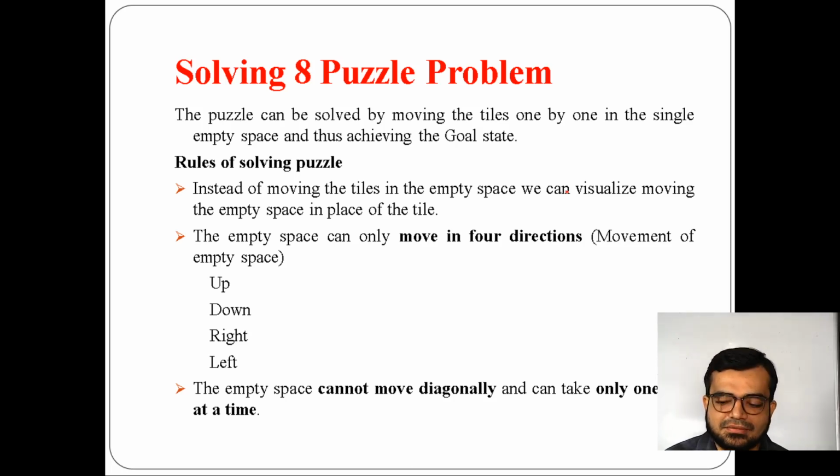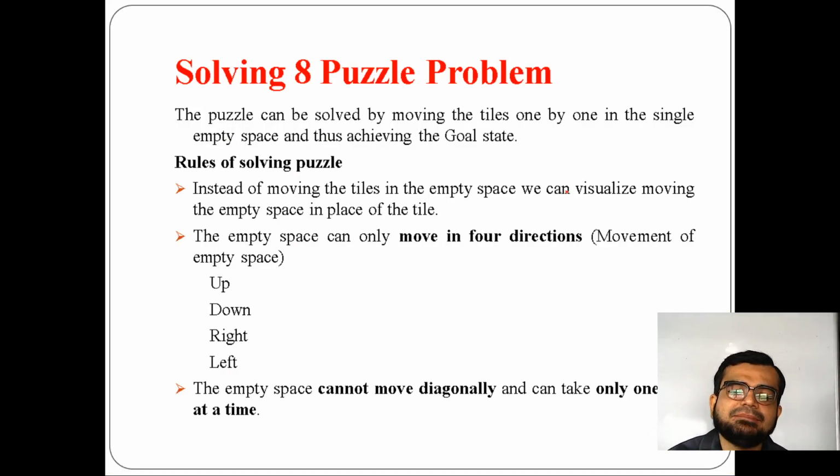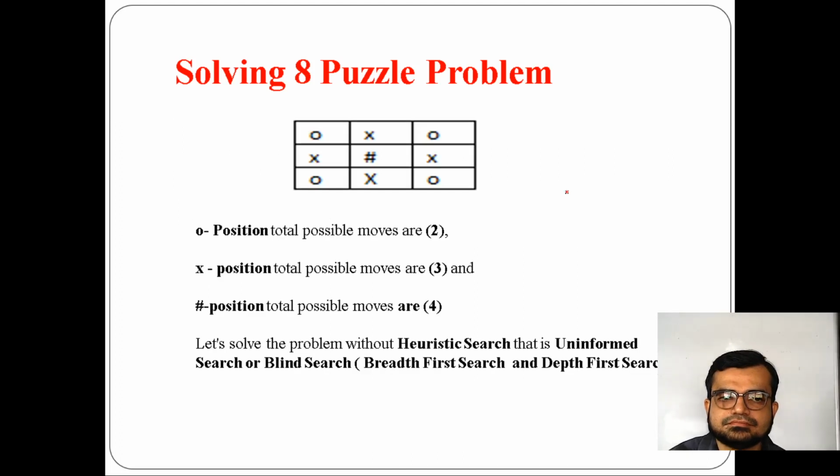This is very important because in 8 queens diagonals are also considered, but in the 8 puzzle problem you cannot move the empty tile diagonally. You can only move vertically and horizontally, and only 1 step at a time. You cannot move more than 1 step at a time.